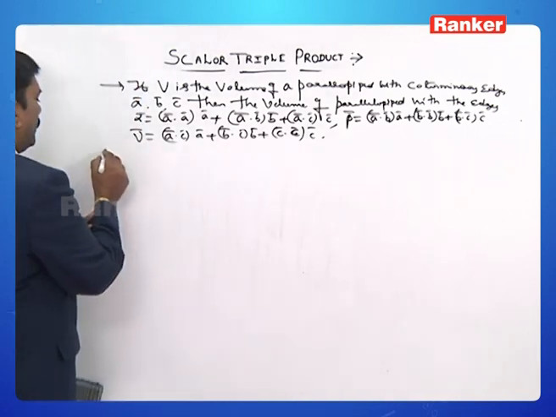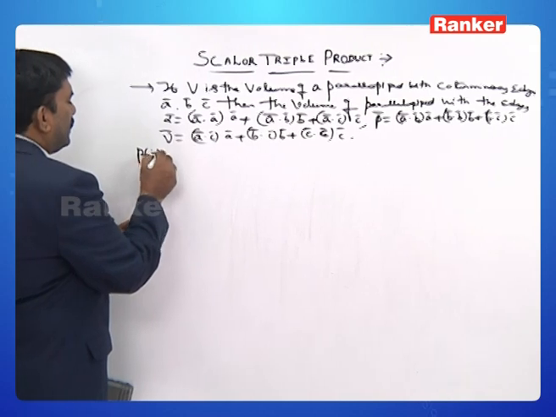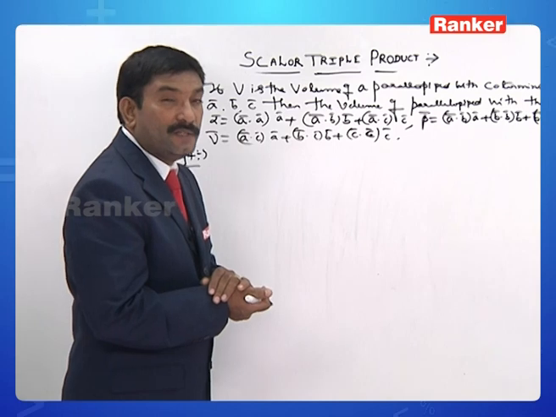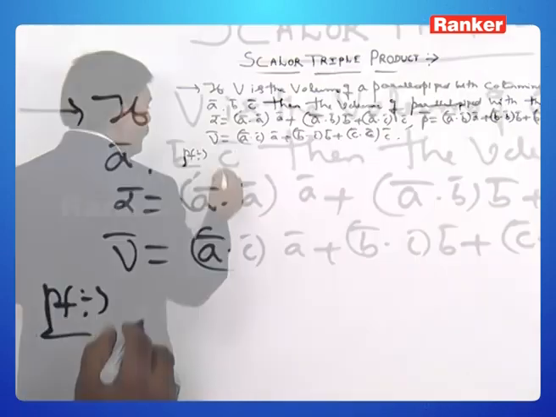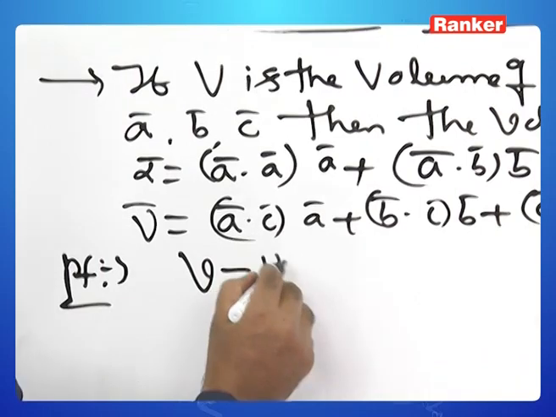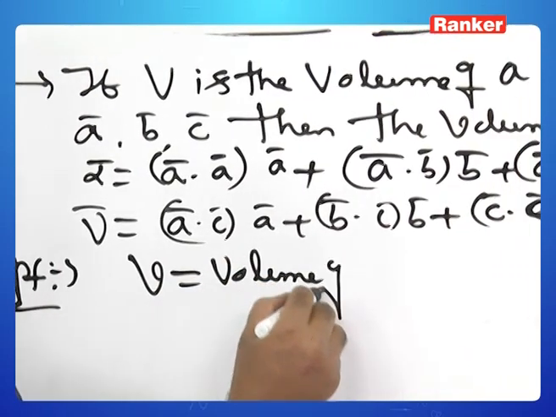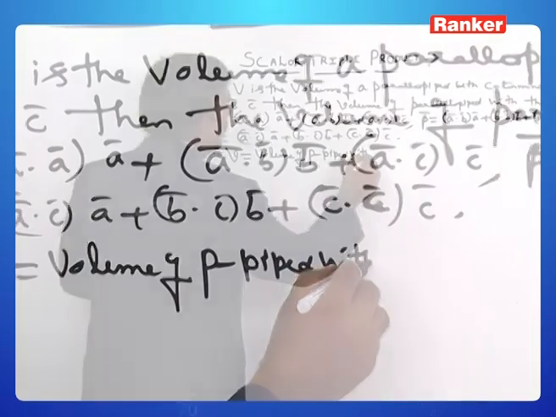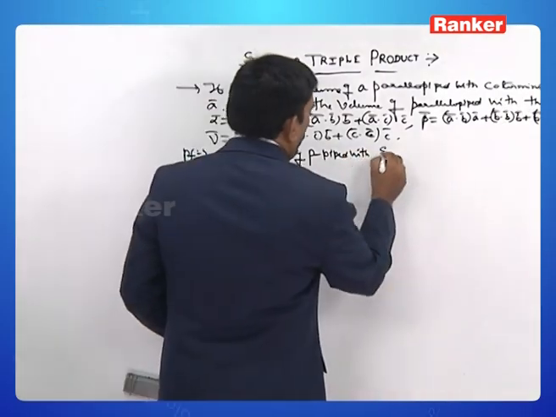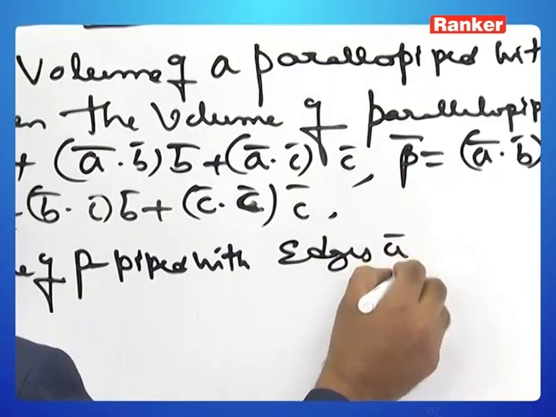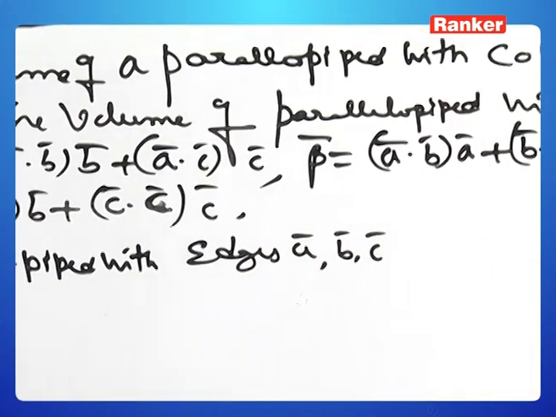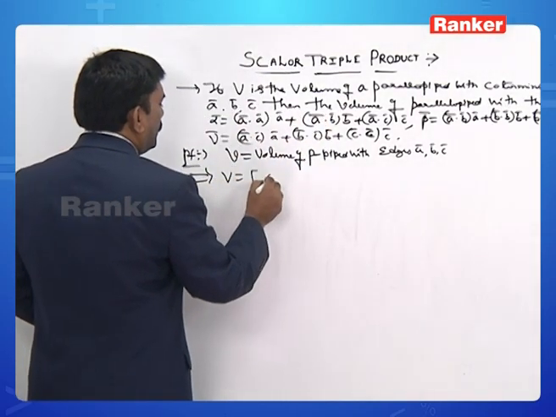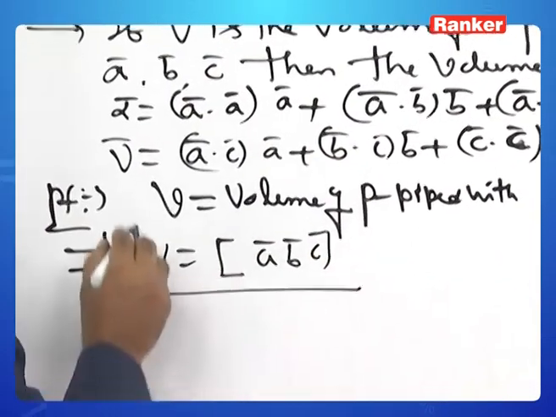Now let us see the proof of this, which is very simple. V is the volume of a parallelepiped with the coterminous edges A bar, B bar, C bar, which implies V is equal to box of ABC.